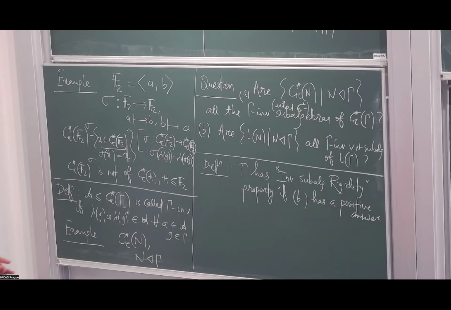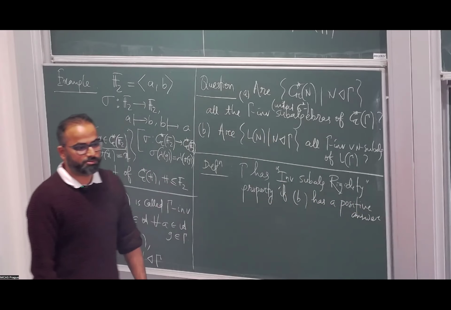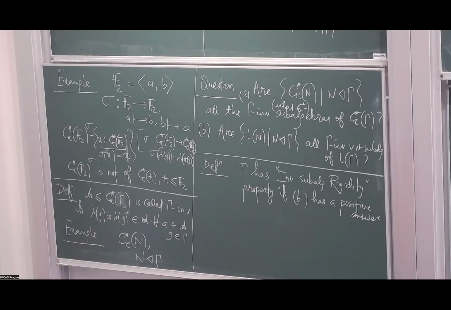So the answer to the question B is yes. So gamma has the invariant subalgebra rigidity property if every gamma-invariant subalgebra of L gamma comes from a normal subgroup.